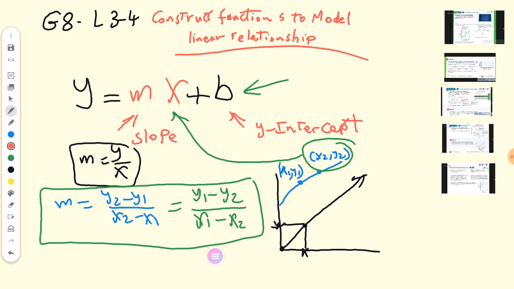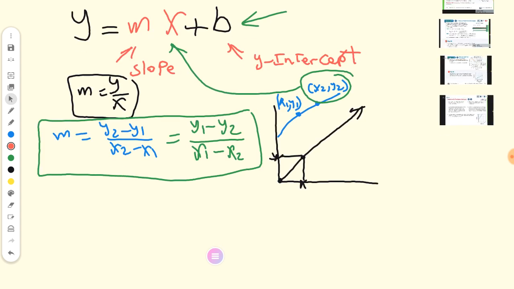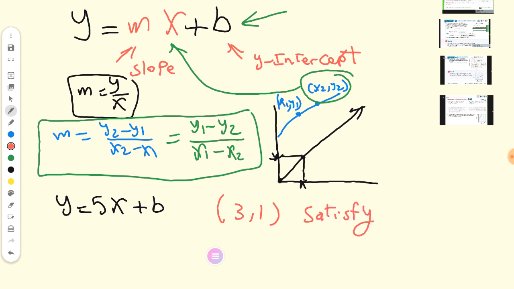If I have an equation in this form, y equals 5x plus b, and he gives me the point 3 and 1 that satisfies the relation. Satisfies the relation means it lies on the line. If the graph is like this and this point lies on the line, I can use it and substitute x by 3 and y by 1.